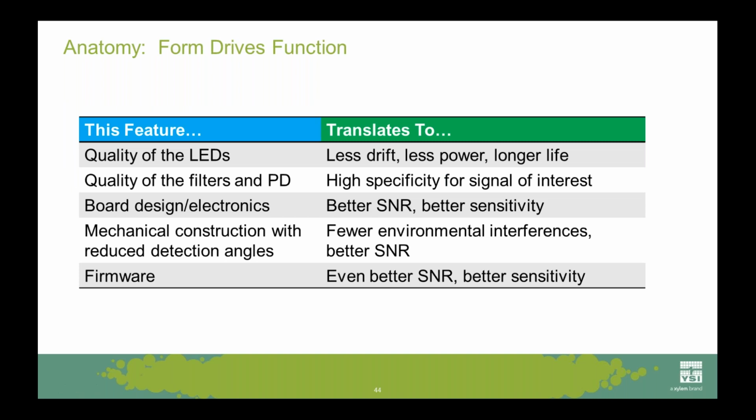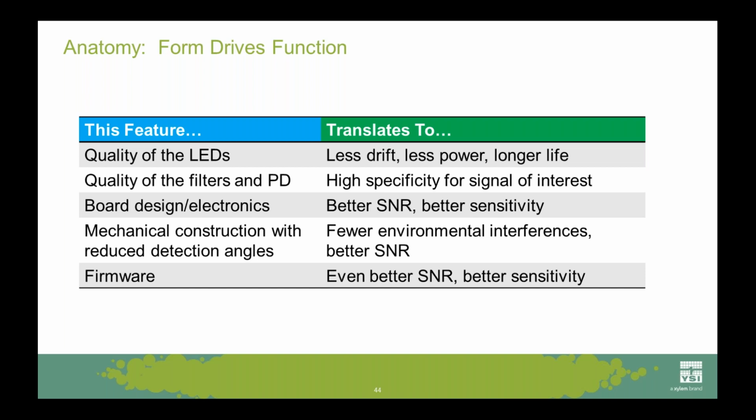The point of the last several slides is that good anatomy drives good function. A great deal of thought went into the engineering of these sensors. They were not just an imitation of the old 6 series sensor or other sensors that our competitors still use.